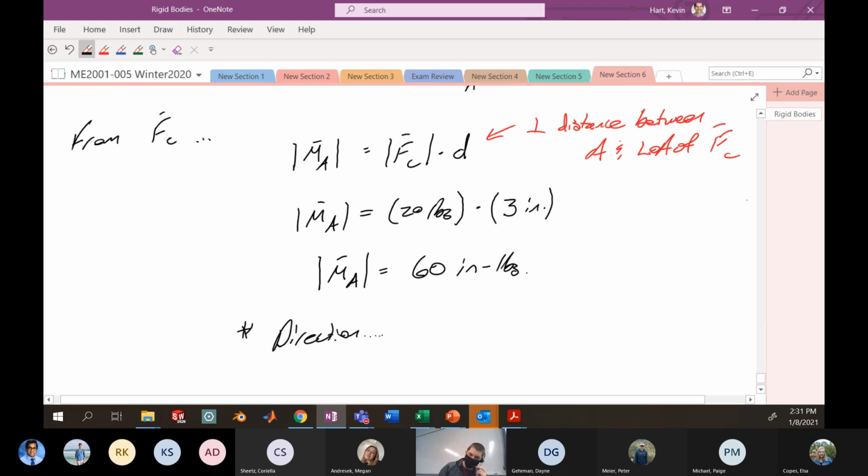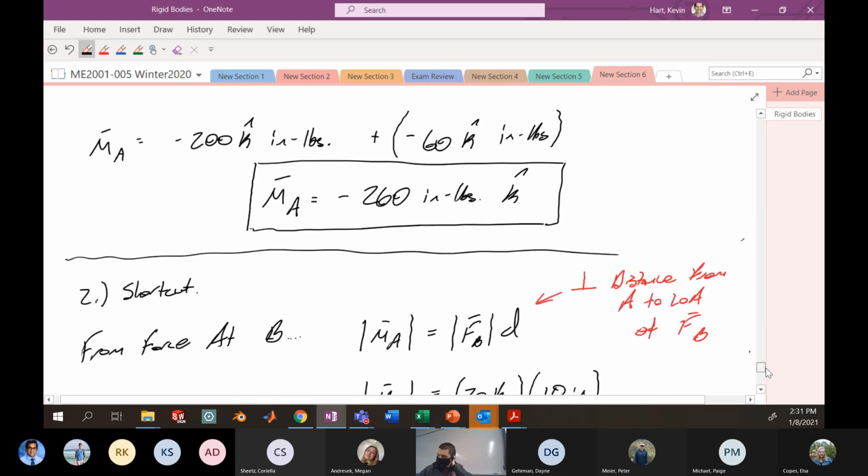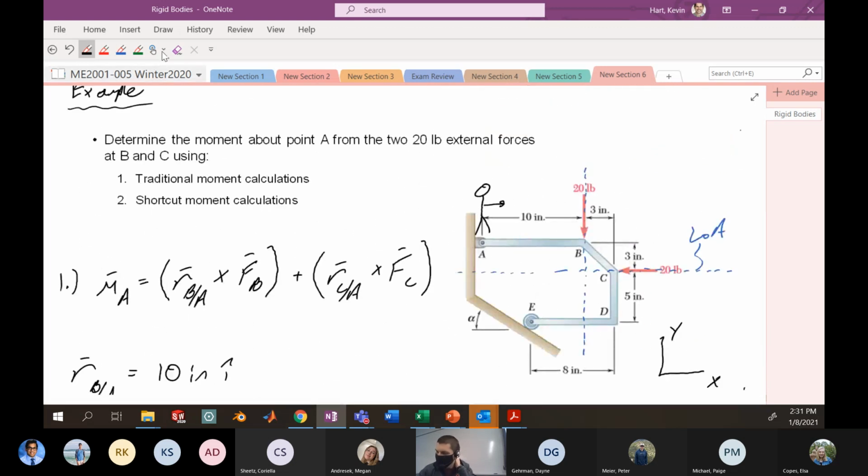I still need to concern myself with the direction. I'll use the right-hand rule again. So this time, I want to stand in this direction, stick my arm out in this direction here, and curl my fingers in the direction of the force, which would be that way, to give us the indication of the direction.